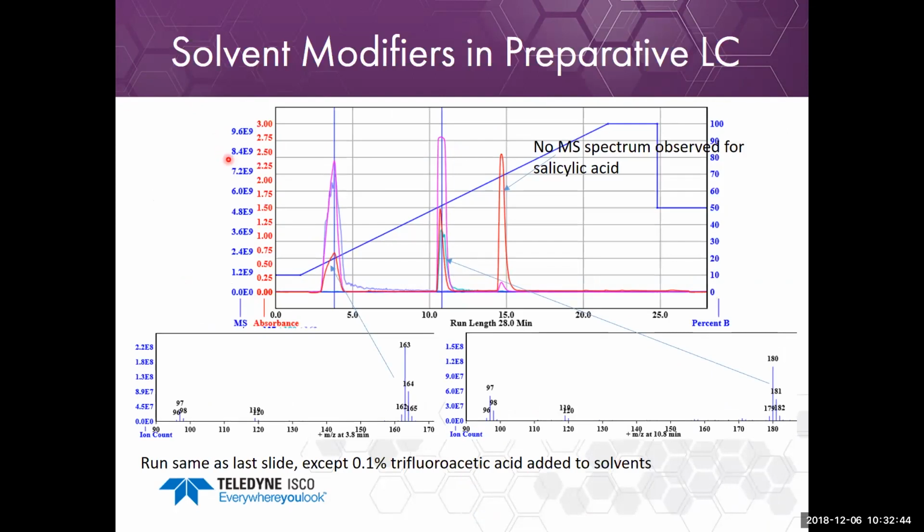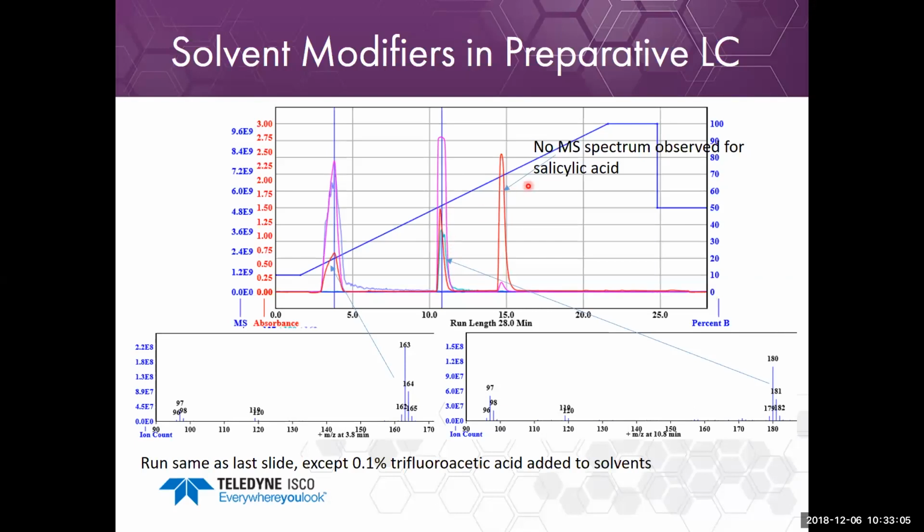As we expect to see in the analytical run, the nicotine comes out very early, and we can see it's matched very nicely. The acridine comes out later, and it comes out as a single peak. It eluted earlier than on the previous slide. Again, the same as what you saw on the analytical.